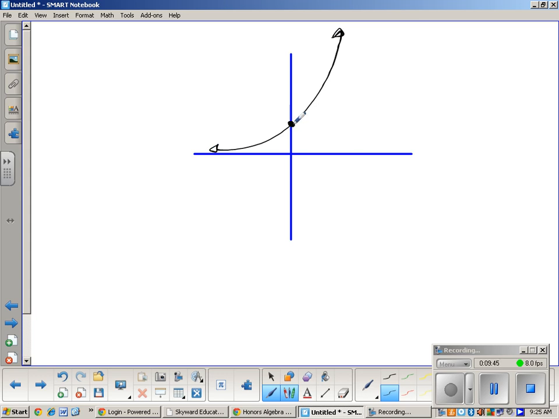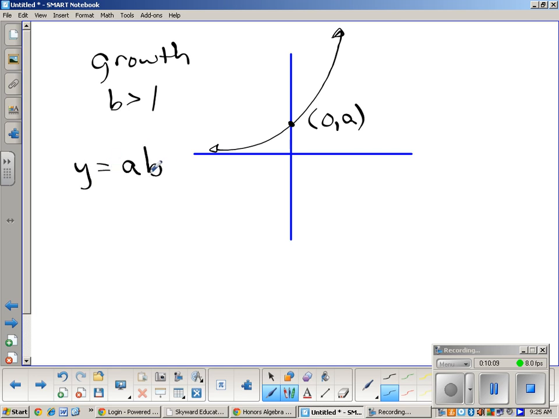And this point right here is still what? 0, A. This is a growth. And in a growth model, the value of B is bigger than 1. So in the growth model, let me write the model back down so we don't lose track of what we're looking at. This number here, this B value, is bigger than 1.